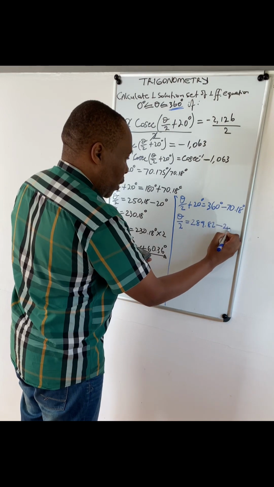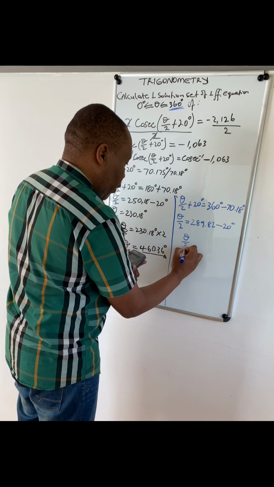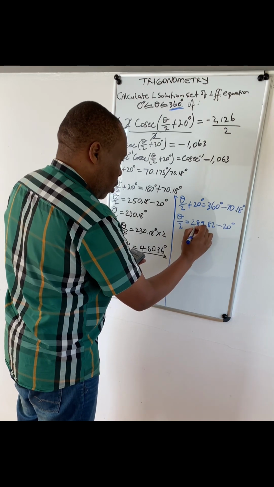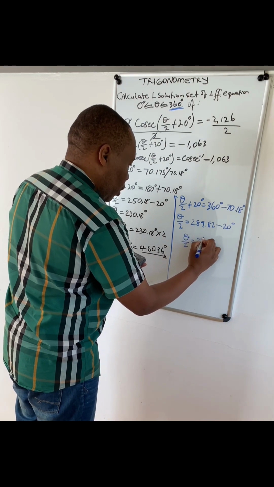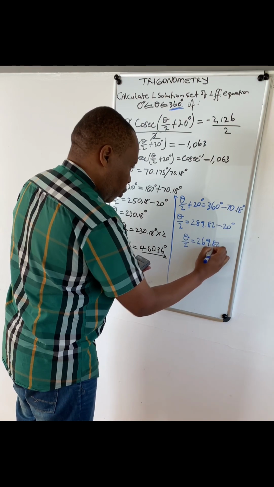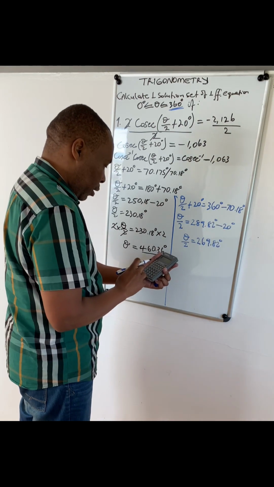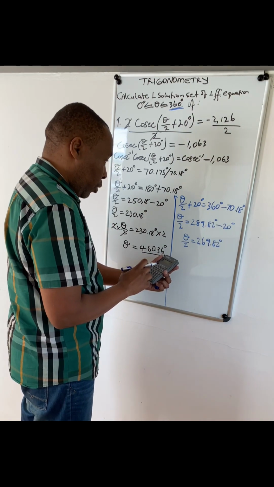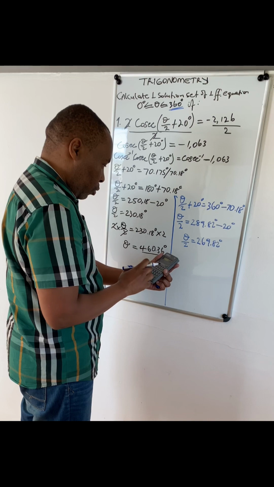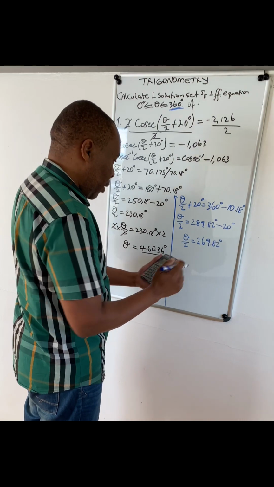We take this 20 degrees this side, and we'll have theta over 2 is equal to 269.82 degrees. 289.82 minus 20, just to confirm my number is correct.